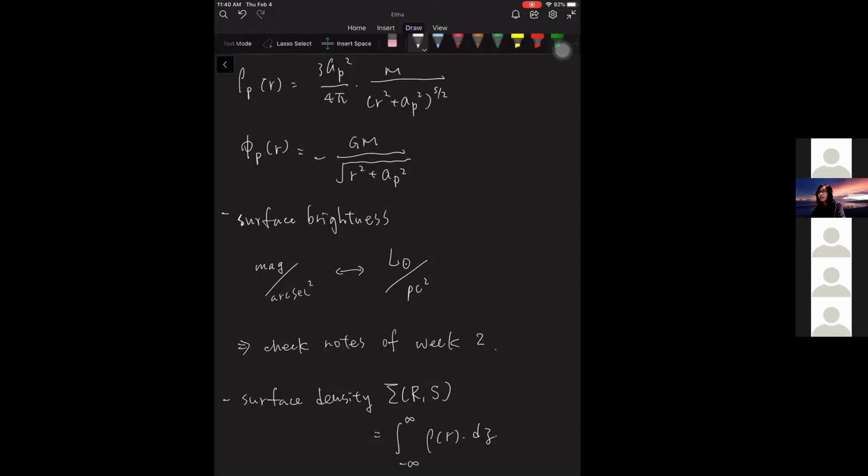Yes. If you have V minus I, then you can definitely get the magnitude in the I band if you have the magnitude in the V band. That's also what I did in the week 2 problem session. Since we were interested in the B band, I used the V band value and converted it to the B band using the B minus V provided in table 1.4.